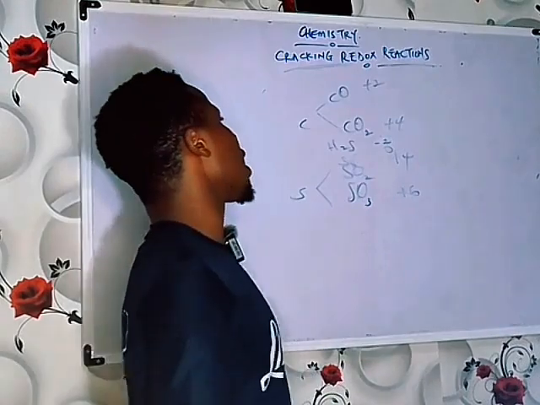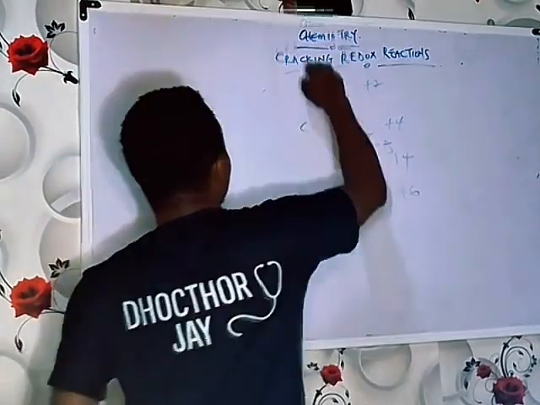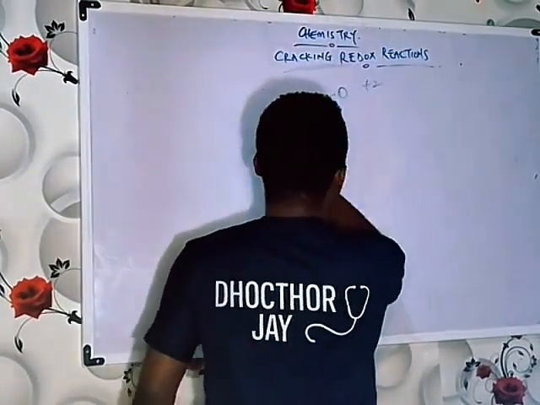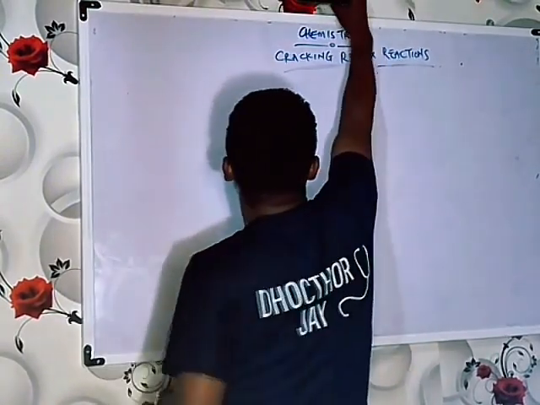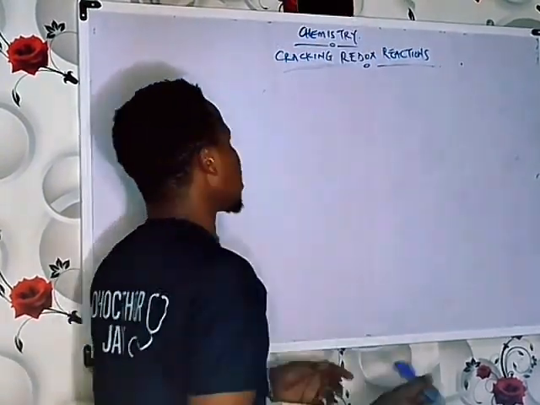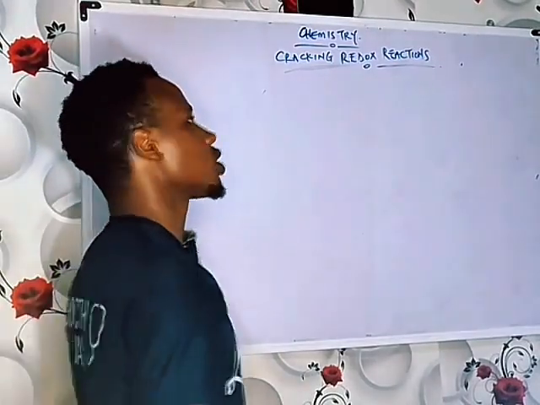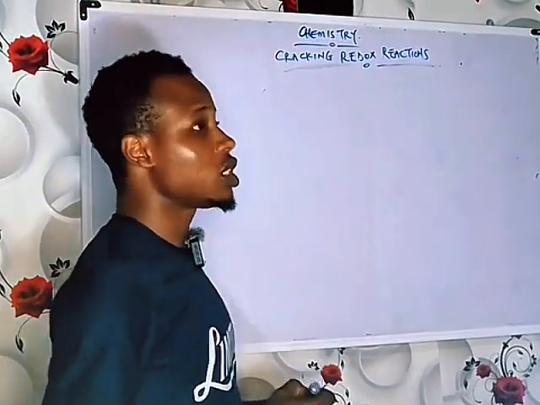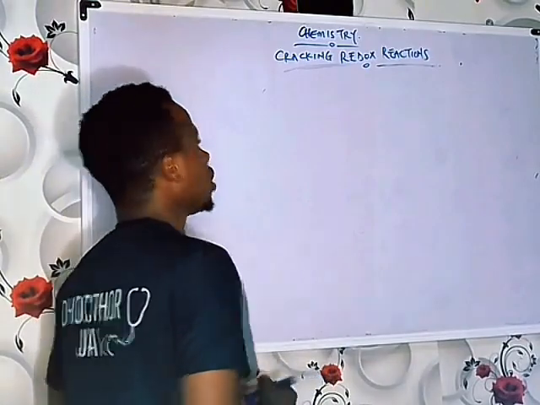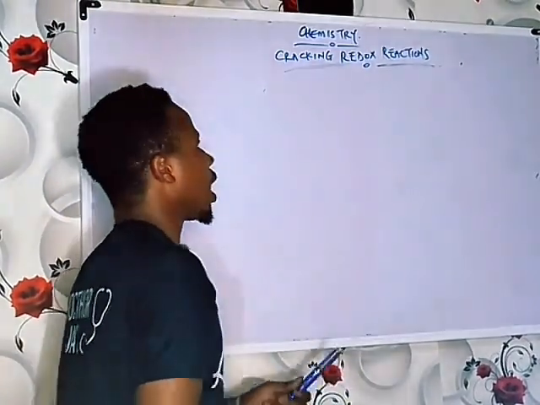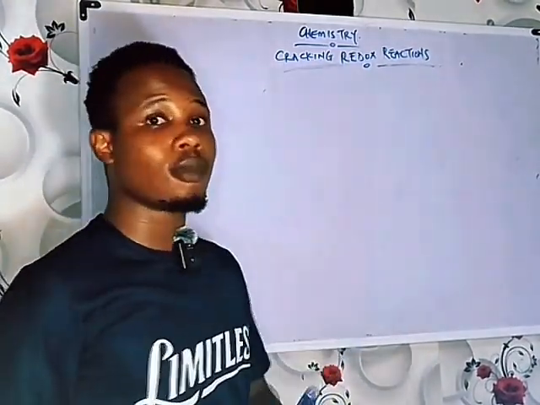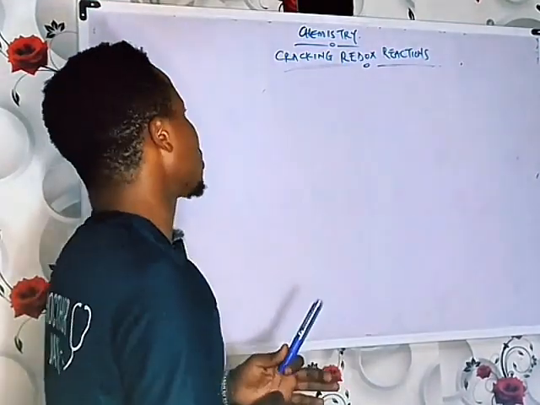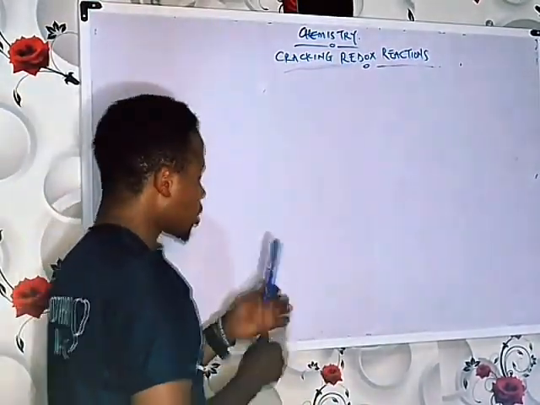Okay, now we know about oxidizing and reducing agents, which are also called oxidants and reductants. How do you identify them in equations? How to identify oxidants and reductants in an equation is pretty easy. I'm going to give one or two examples, and then you go ahead and find out more and revert to us in the comment section.